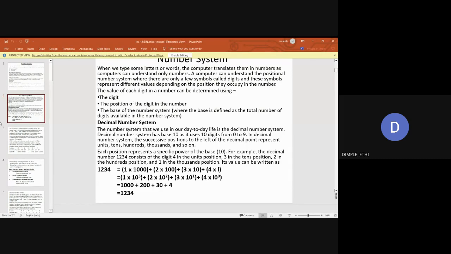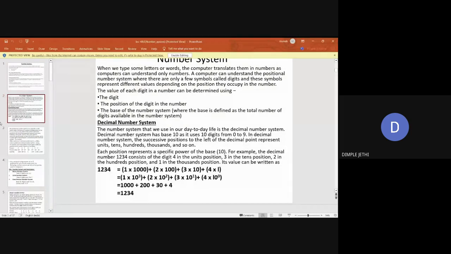Okay, so that means we call it the positional number system because here three things matter. One is the digit, what digits you are using. Second is the position of that digit in that number, which will decide its value. And next is the base of the number system. What is the base of the number system?